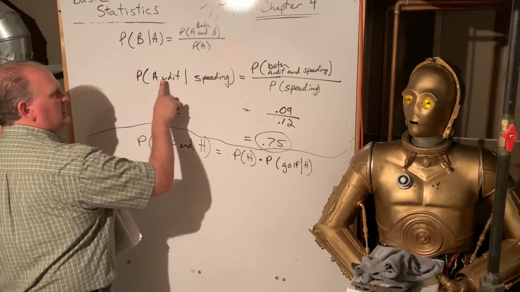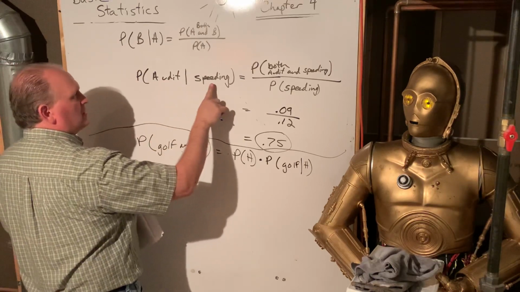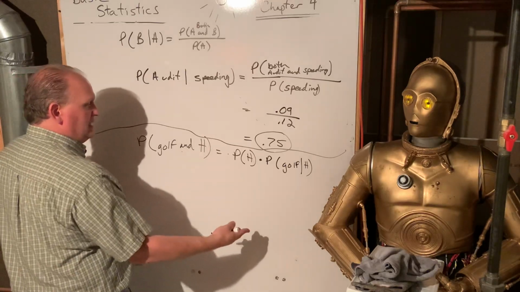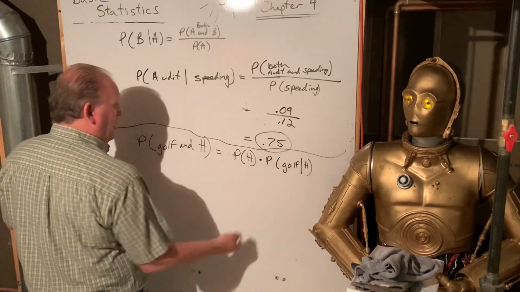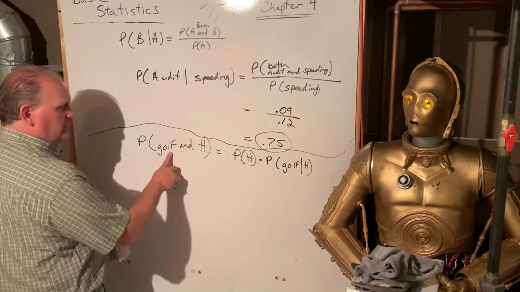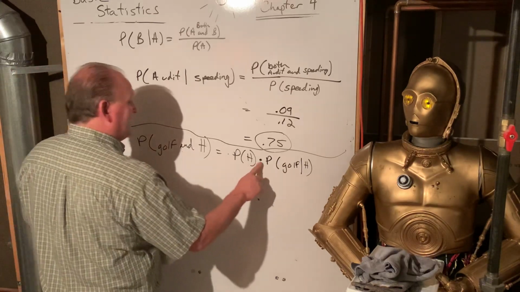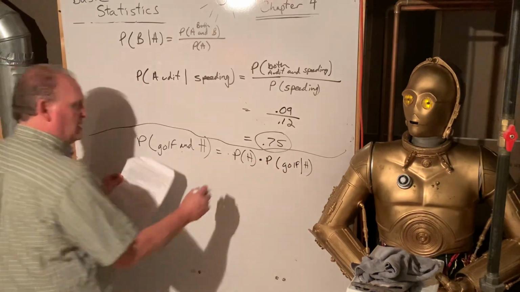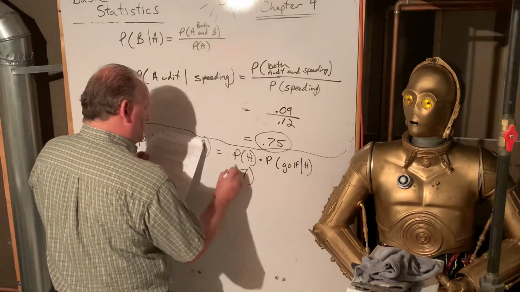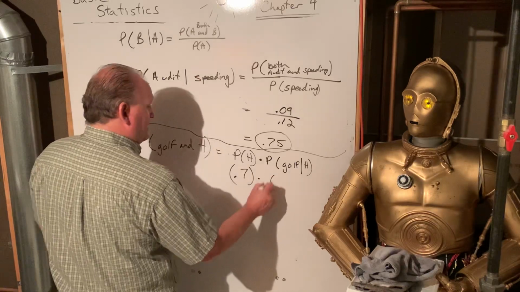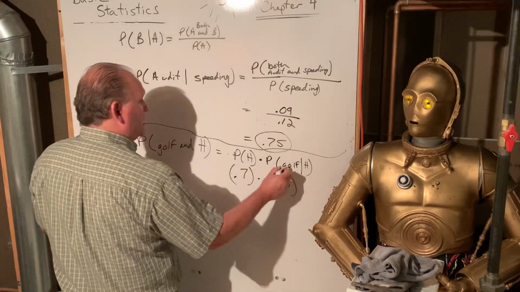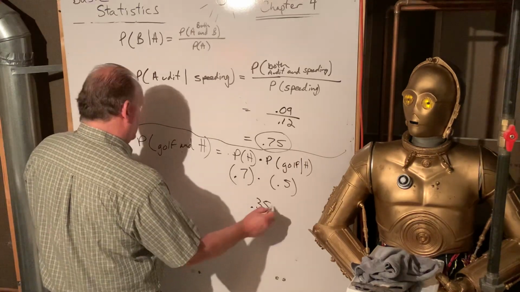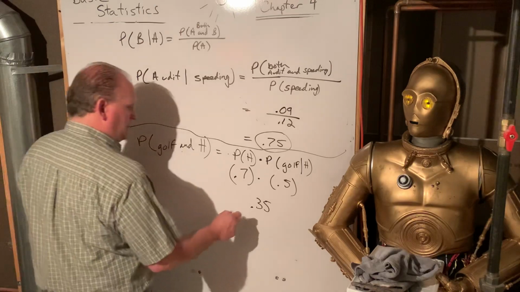The last one asked, what are the chances you get audited given you were caught speeding? This is different. This is an and problem that is dependent, because of golfing in Hawaii. So we do the probability of Hawaii times the probability of golf given Hawaii, and you just multiply those two. It's a 70% chance that you're going to Hawaii and a 50% chance you're going to golf given you're in Hawaii. There's only a 35% chance that you're going to go golfing and go to Hawaii.